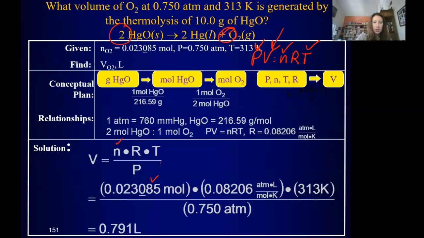Here's our moles of oxygen. Here's our R, our temperature. Here's our pressure, right? And we end up with 0.791 liters. And again, 3 sig figs there, 3 sig figs there. So we use 3 sig figs in the end. That's why we have 3 sig figs, 0.791 liters, right? So not so bad after you do a few of them. Kind of get used to the, like I said, it's like a puzzle at all times. Okay, cross off our units.